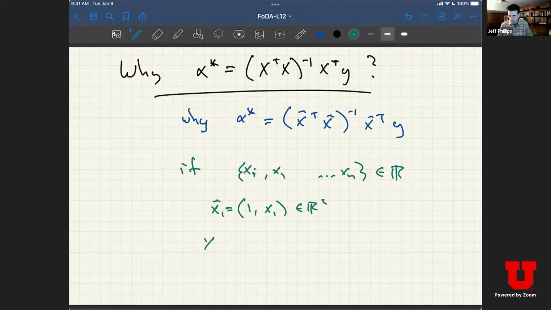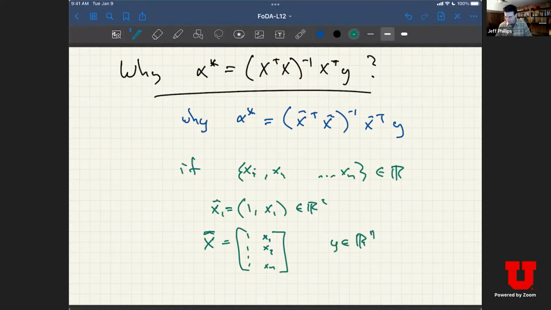Then I can compile together this x tilde matrix, which is all ones in the first column and x1, x2 up to xn, and y is still in Rn.